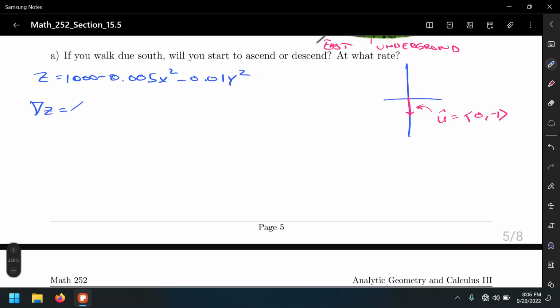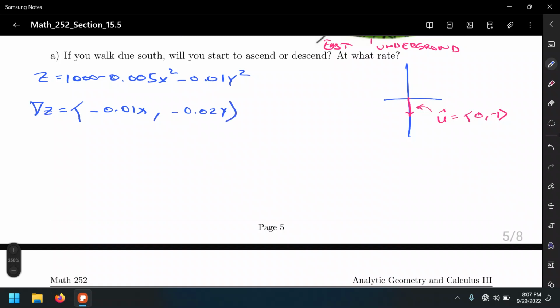In this case, the partial derivative with respect to x: 2 times 0.005, that's going to give us negative 0.01 x, comma, the derivative with respect to y, 2 times 0.01, that's negative 0.02 y.